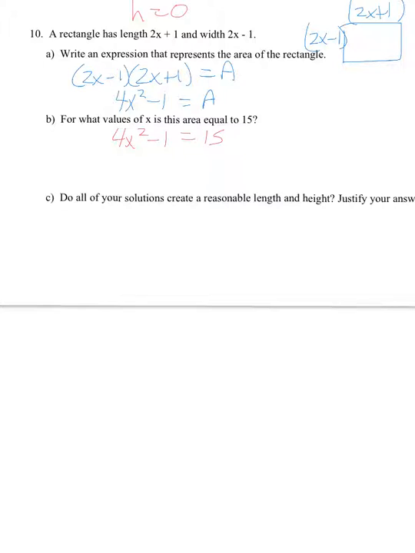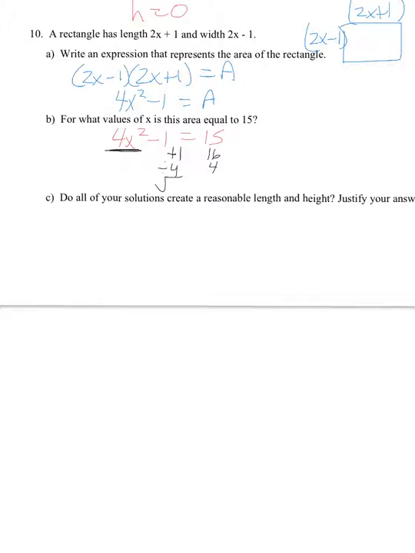We add 1 to both sides. Now, why am I adding 1 to both sides? Because I don't need to use the quadratic formula or factoring here, because I only have one x squared term. So if I add 1, divide by 4, and then square root, I should be able to get my answer. 15 plus 1 is 16.